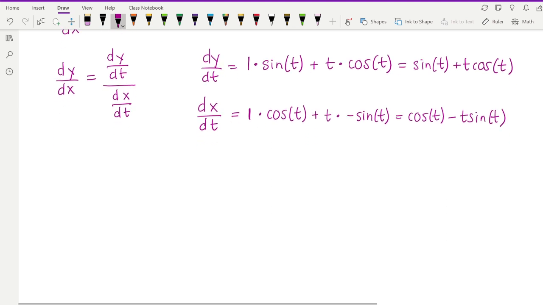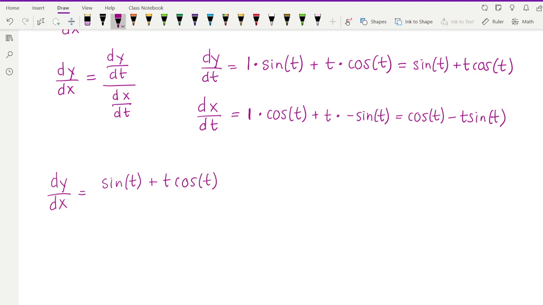And so now dy/dx, we're just going to write it down as dy/dt over dx/dt. So dy/dx is going to equal sine of t plus t cosine of t, divided by cosine of t minus t sine of t.